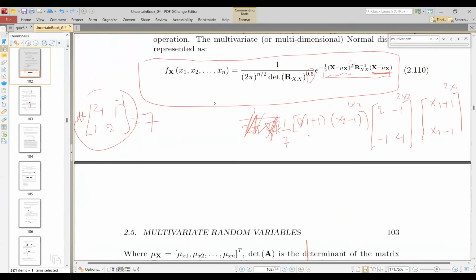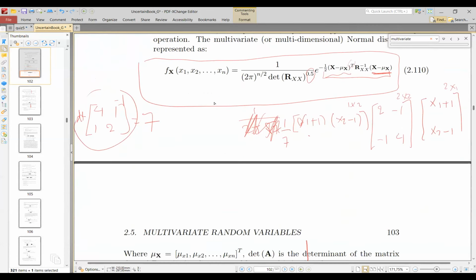Okay, so now if we solve this one, it will be the first row times the first column. So it will be the multiplication of this vector times this matrix. It will be 2 times (x1 plus 1), then minus (x2 minus 1), because as I said, the first row times the first column.